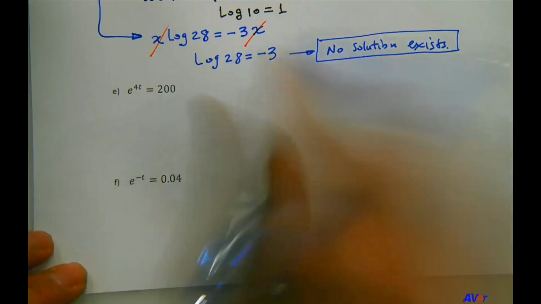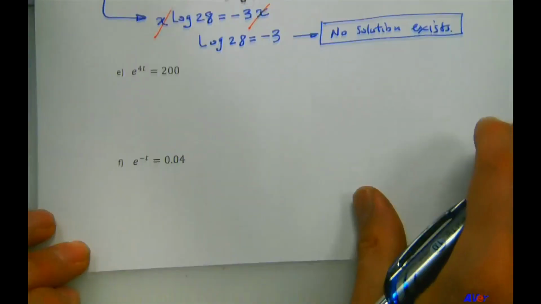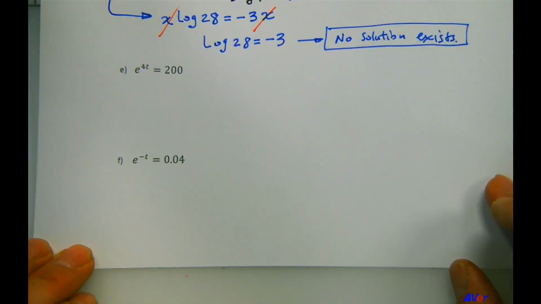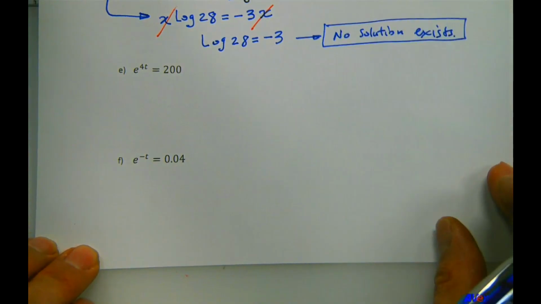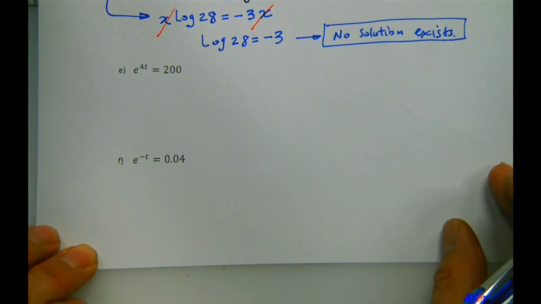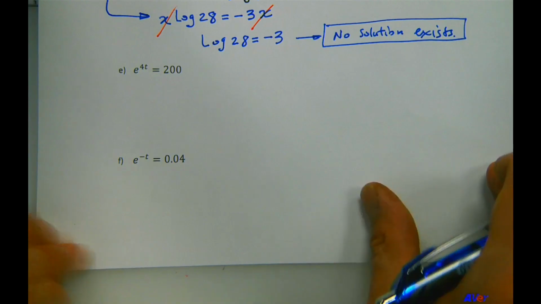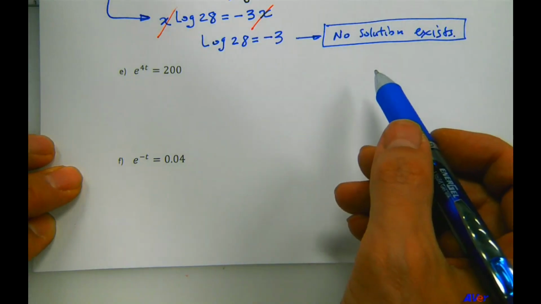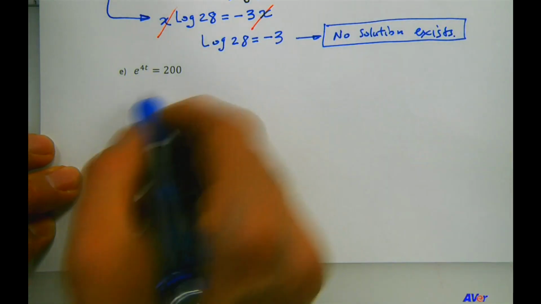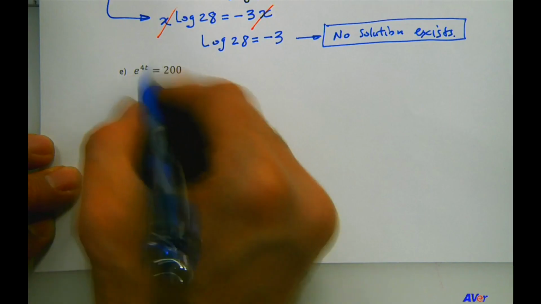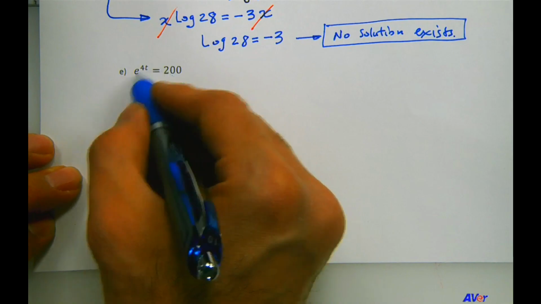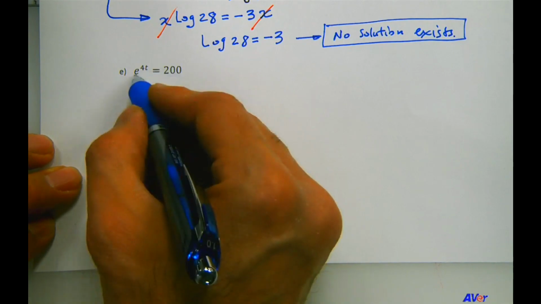Okay. Then this one, again, please solve these two equations. Pause the video, solve these two, and then come back to the video. Okay. All right, so I'm assuming that you've done that. In this case, is there any way we can rewrite the right side as a power of base e?